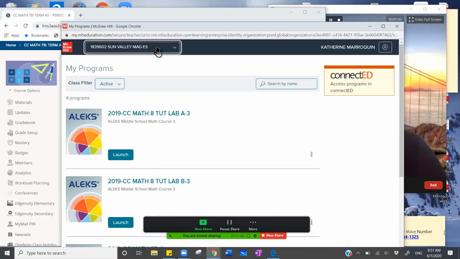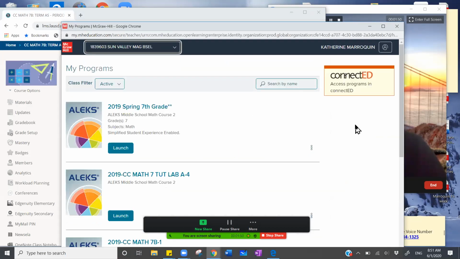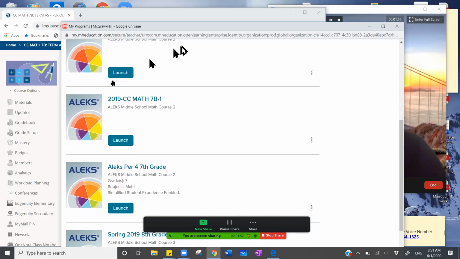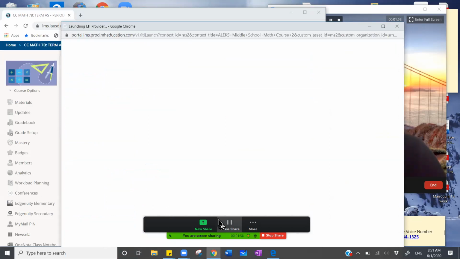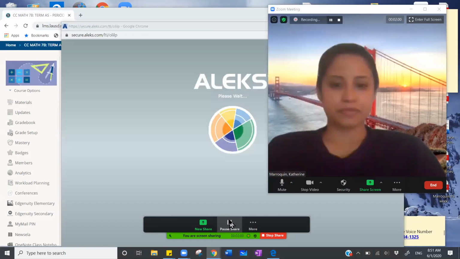Make sure at the top you have Sun Valley Magnet B cell, because you guys are in the B cell magnet. And you should just have the one option, which is Math 7B-1, okay? So that's how you get to the assignment.